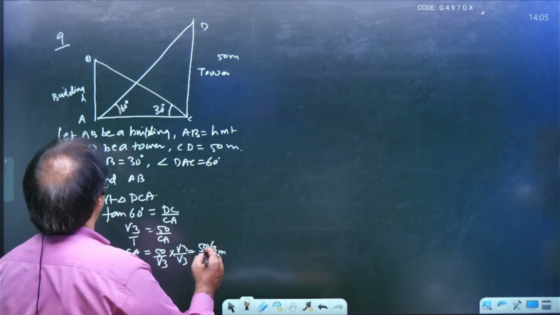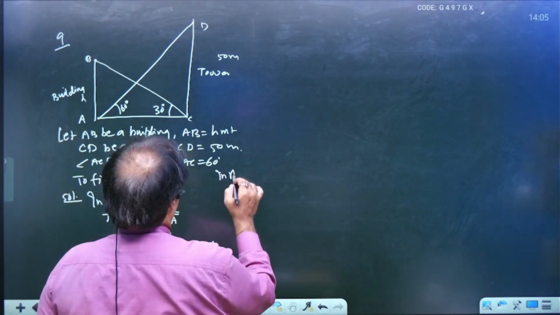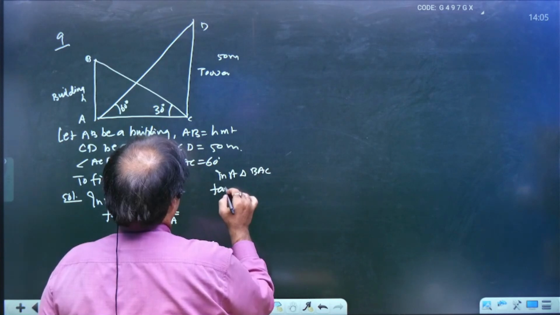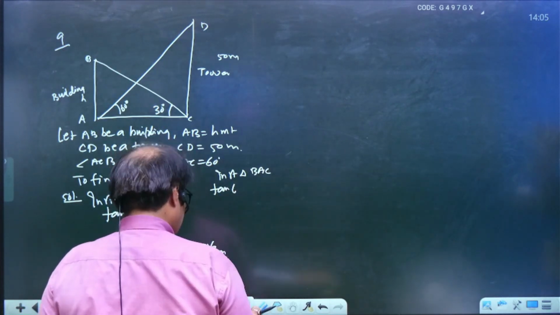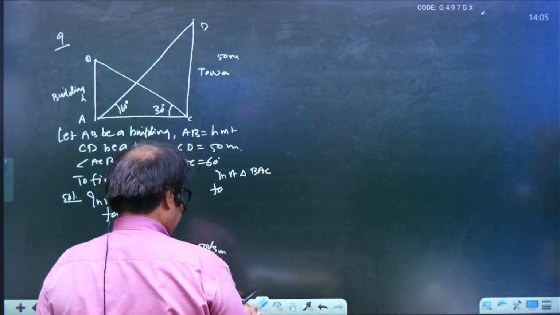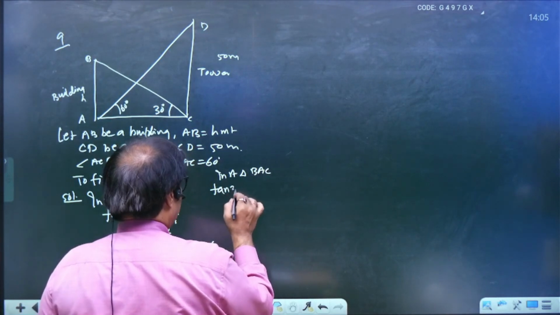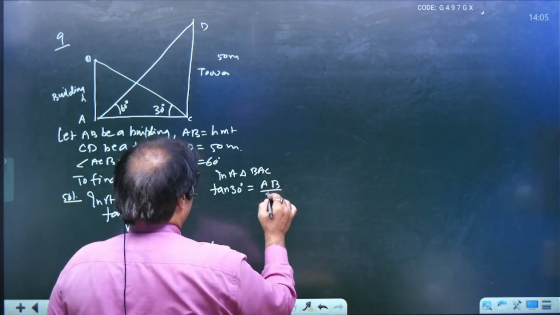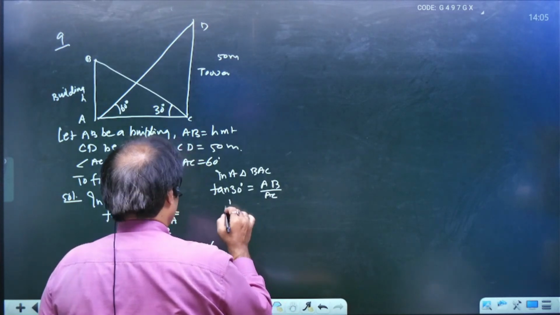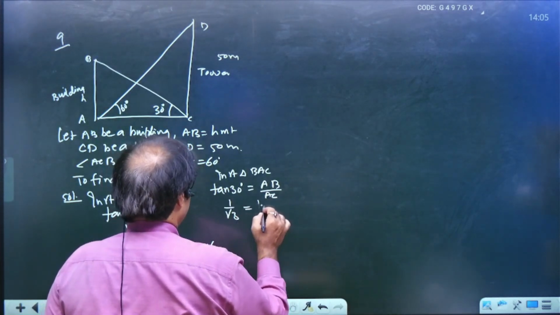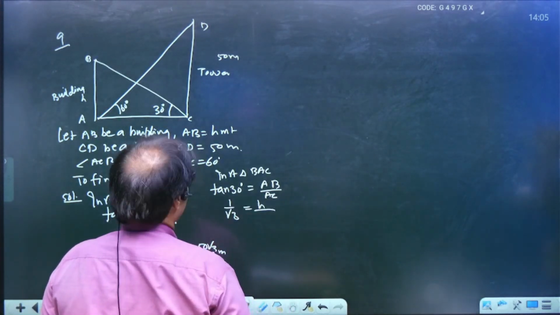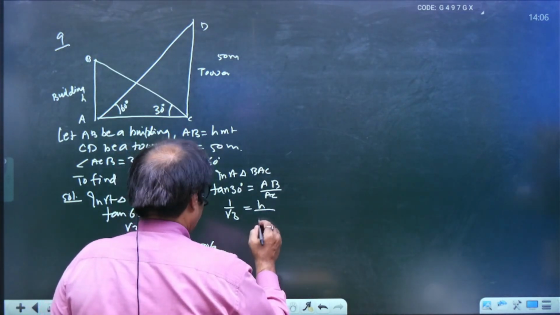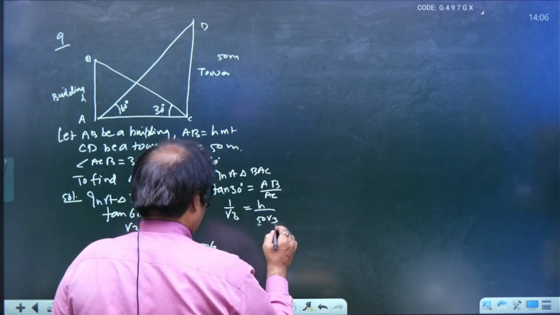And now in right triangle BAC, tan 30 degrees is equal to perpendicular AB upon AC, and tan 30 is 1 by root 3. AB is h, which we have to find, and the value of AC we can write as 50 root 3 by 3.